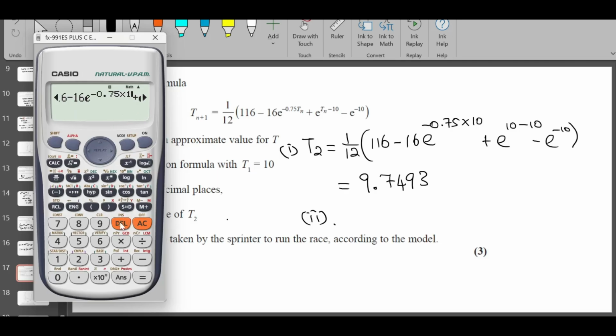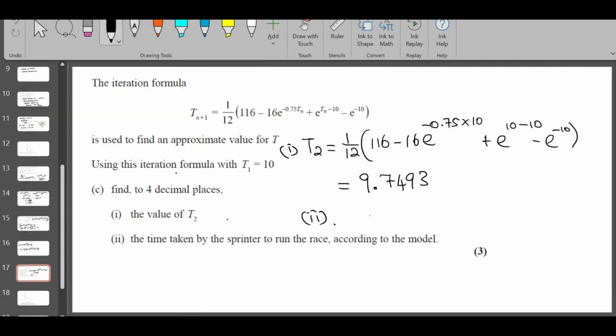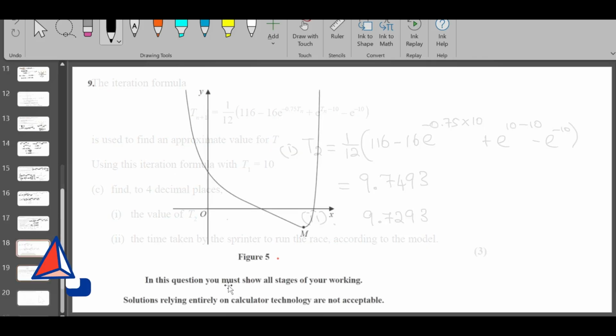I'm going to delete it, change it to Ans, so it will take the new answer as an input here. This 10 is also supposed to be t. So when I press equal, I get 9.7306, 9.7294, 9.7293, 9.7293. It got stuck at 9.7293. So the answer is 9.7293.